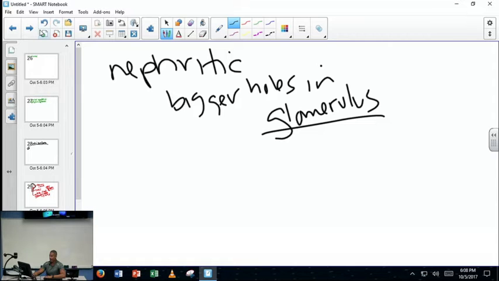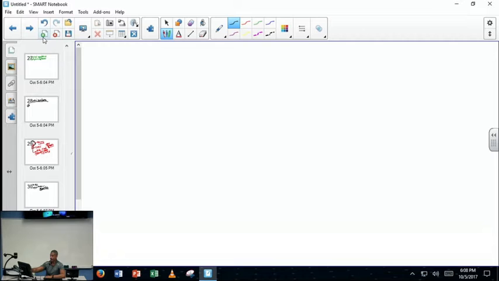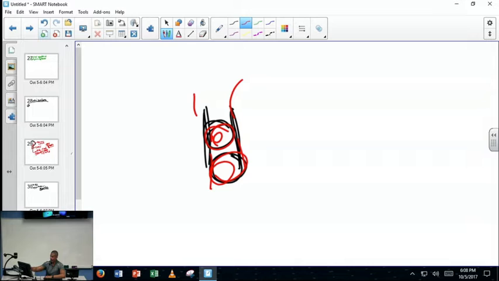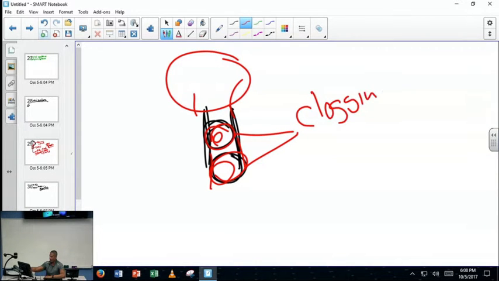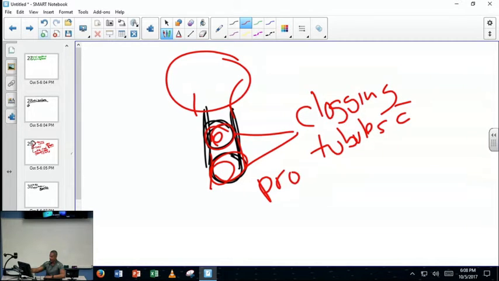What's going to happen eventually with this process is that you're going to have enough damage to the tubules or clogging of the tubules. So that's your tubule, that's a red blood cell. Eventually, you can literally have clogging of the tubules with progressive damage of the glomerulus.